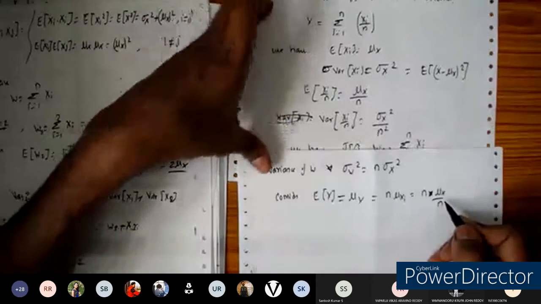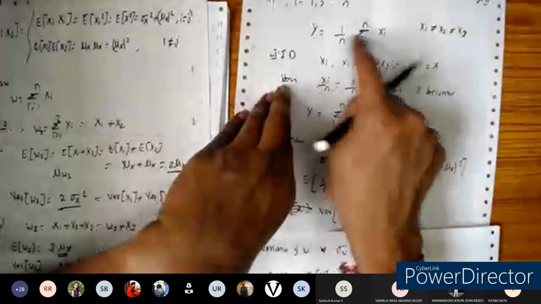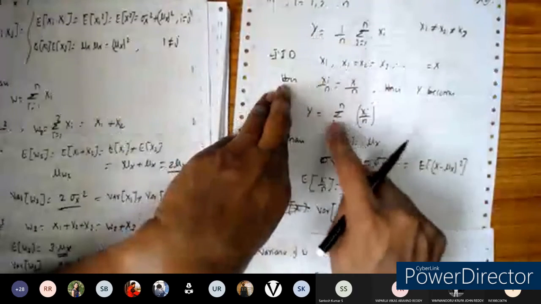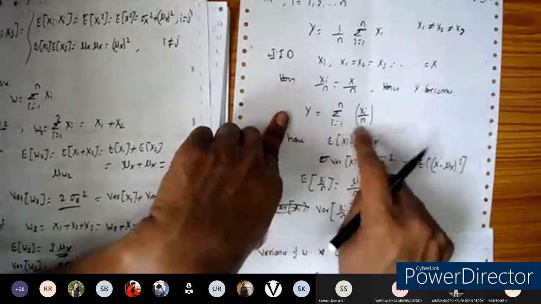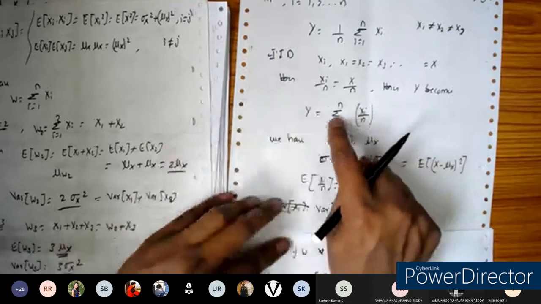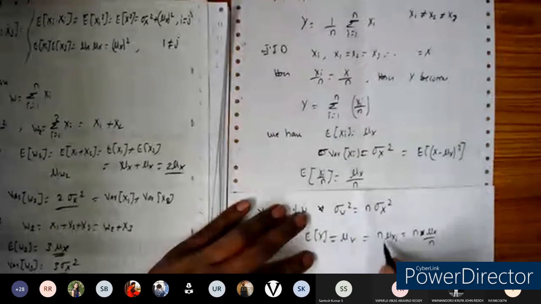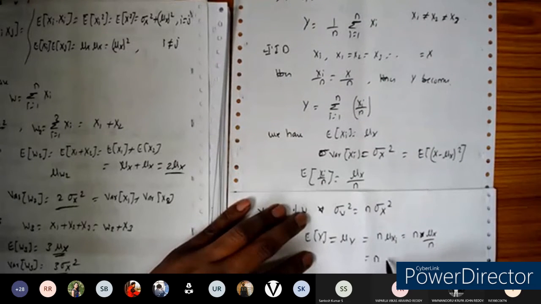Right. So I'll just recall here. We have y equal to the sum of xi divided by n. It's a sum of n random variables. So I can call this n into the expected value of xi by n.